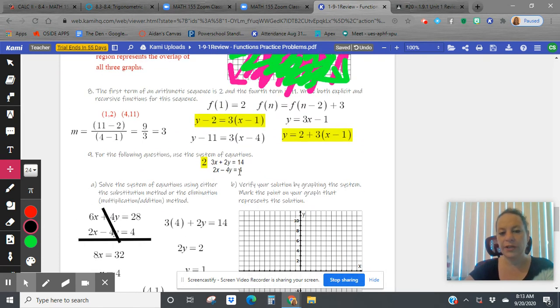Now this over here is not quite ready to graph if you're used to graphing from slope-intercept form. I have to subtract the 3x's from both sides. So negative 3x plus 14. Then I need to divide everything by 2.